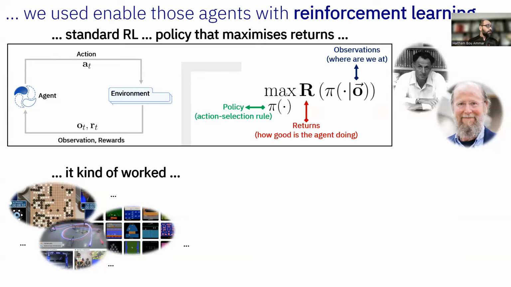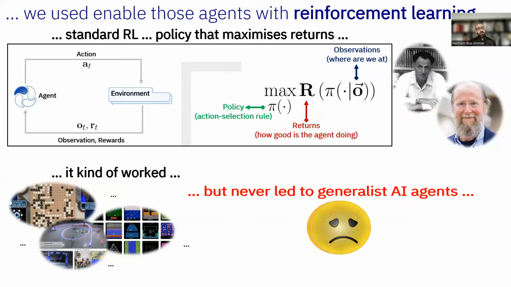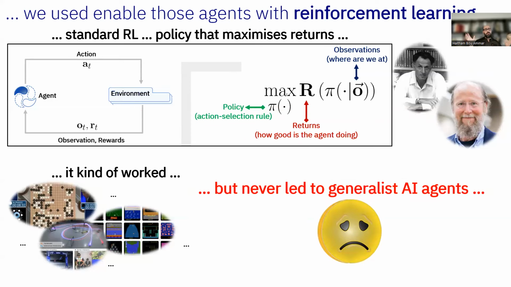It's super cool. So this method worked, but we have to admit it did not lead to generalist AI agents. While it worked in certain isolated instances, it is still a pain to get this method general enough, given all the engineering tricks you have to use to deal with the instability of the software and so on.